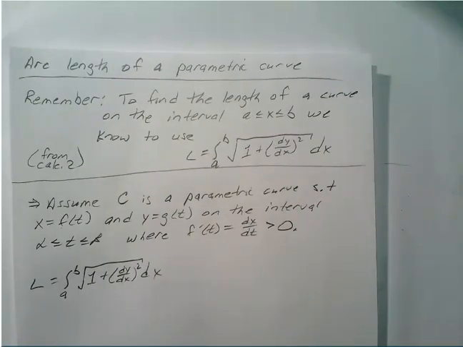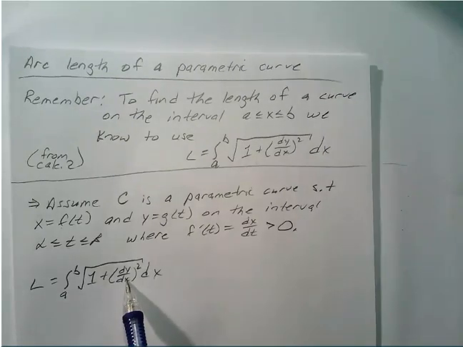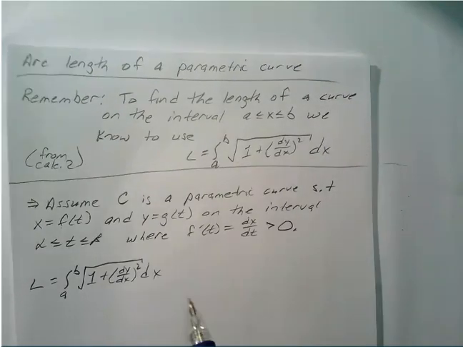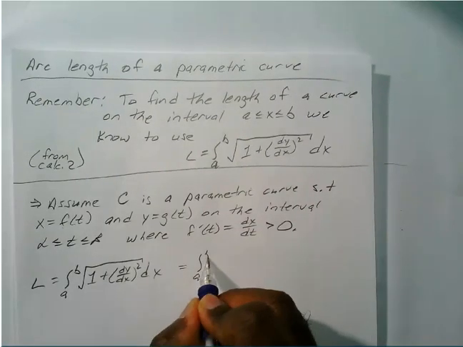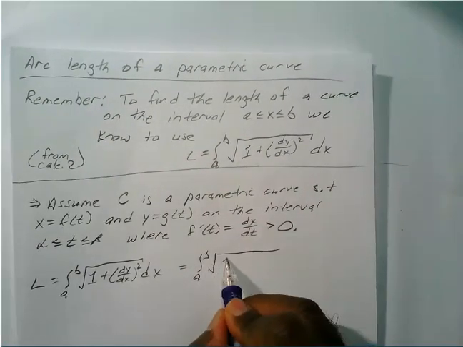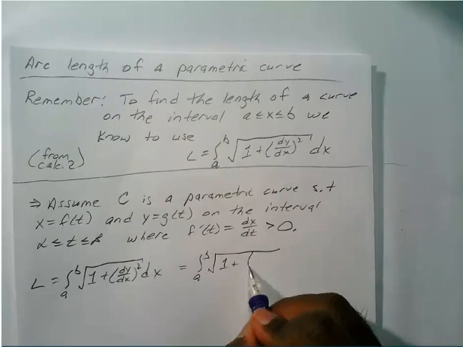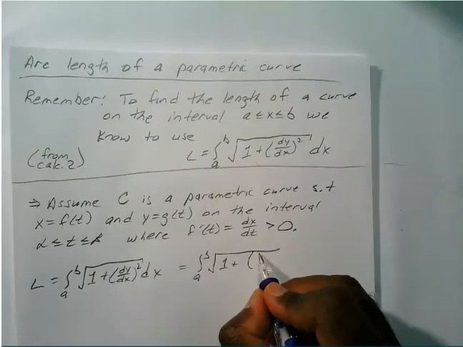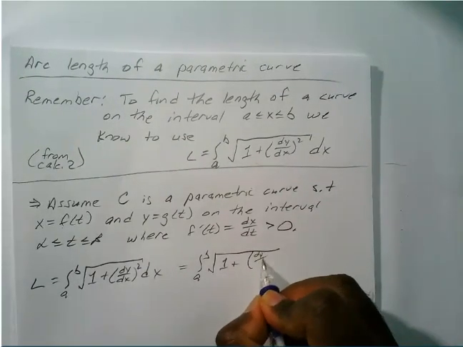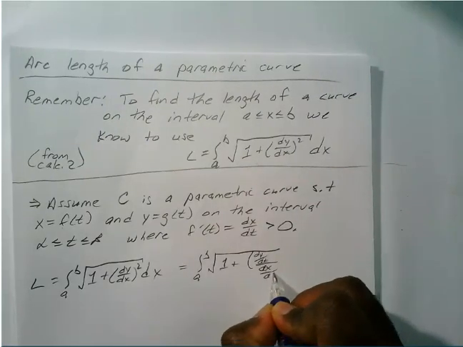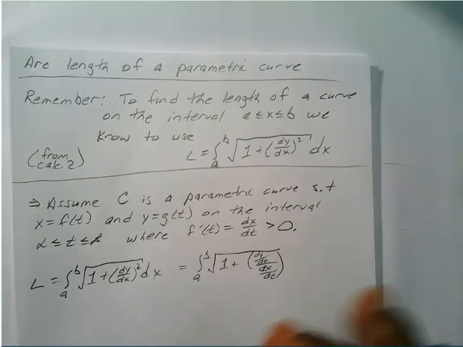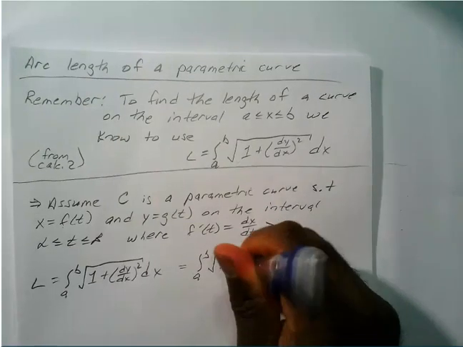We know that dy dx for a parametric curve is equal to dy dt over dx dt, so we have the square root of 1 plus dy dt over dx dt, squared, with respect to x.